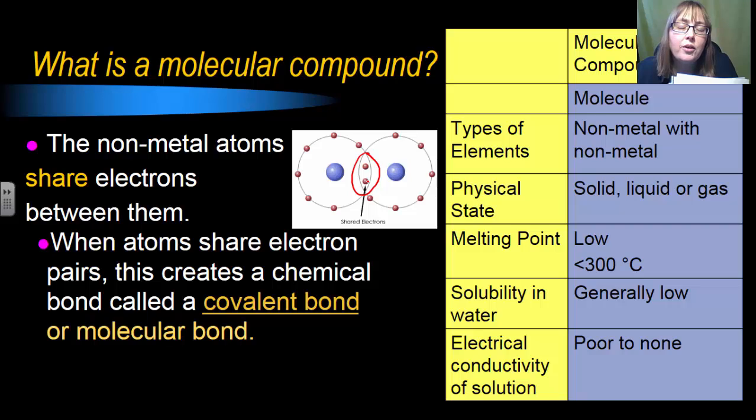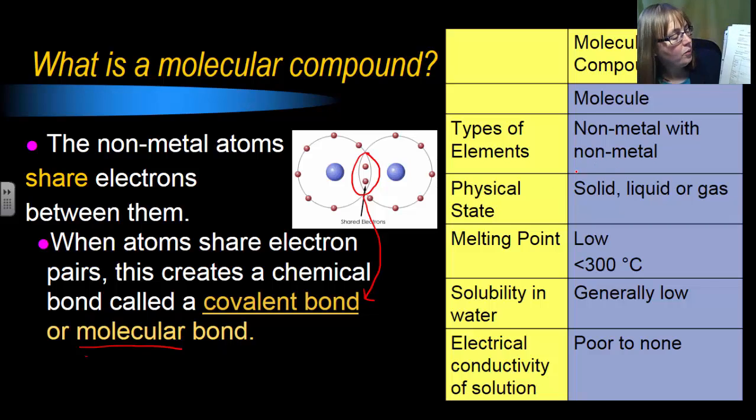When they share their electrons, it feels like they have a complete set, moving towards the same state the noble gases are in. So instead of calling these ionic bonds, we call these covalent bonds. Covalent means sharing, and sometimes we also call them molecular bonds, and that's where we get the idea of the molecular compound.